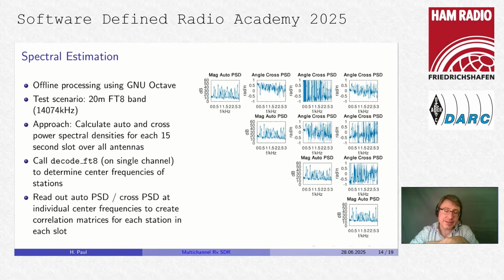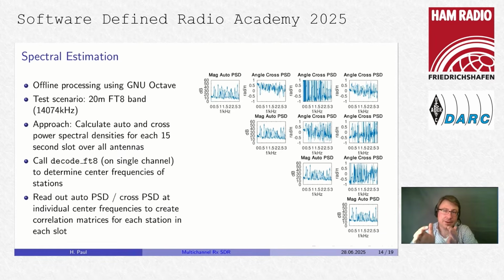And what I now did is I looked up the auto PSDs and the cross PSDs for each station in each FT8 time slot by looking at the corresponding frequency. I picked the frequency info from the FT8 decoder and then looked up what are the actual PSDs, auto and cross PSDs for this particular frequency.